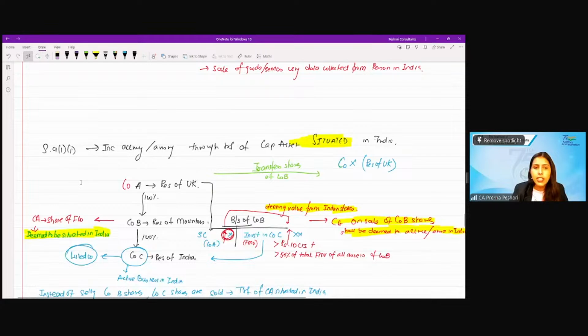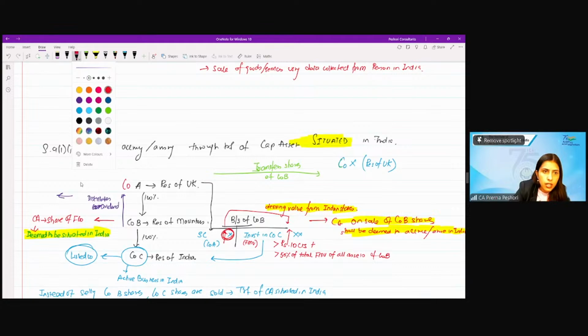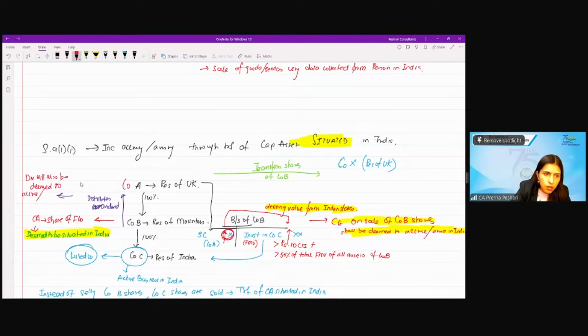Now let us say, for example, that company B distributes the dividend to company A. The question is whether the dividend will also be deemed to accrue or arise in India, since the share of company B is deemed to be situated in India. So that is your question.